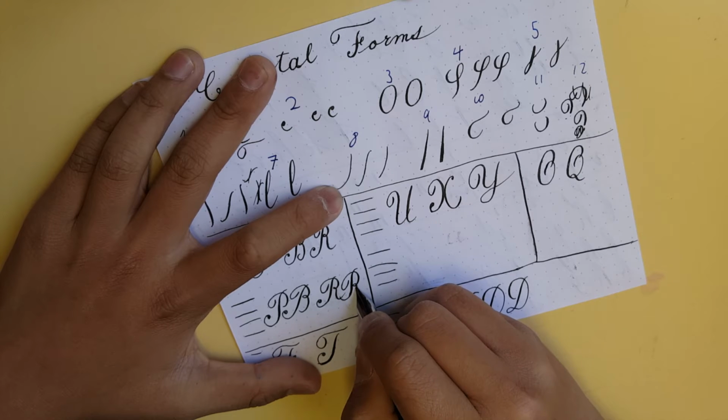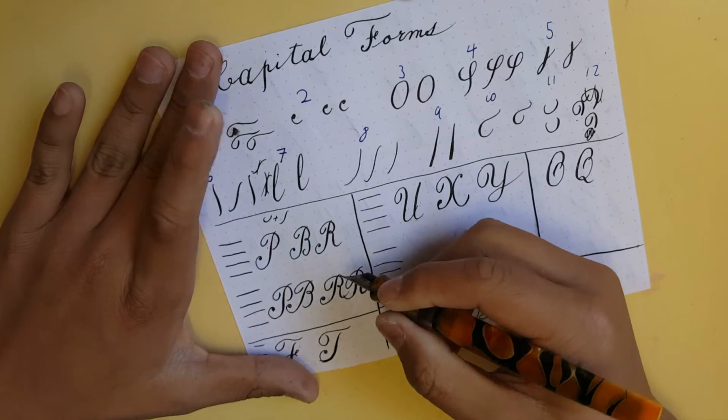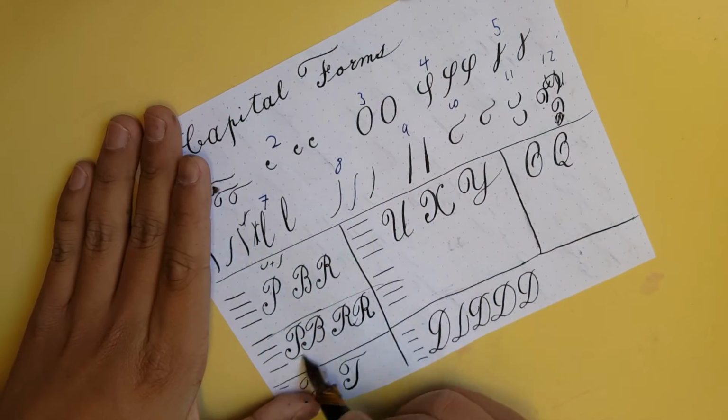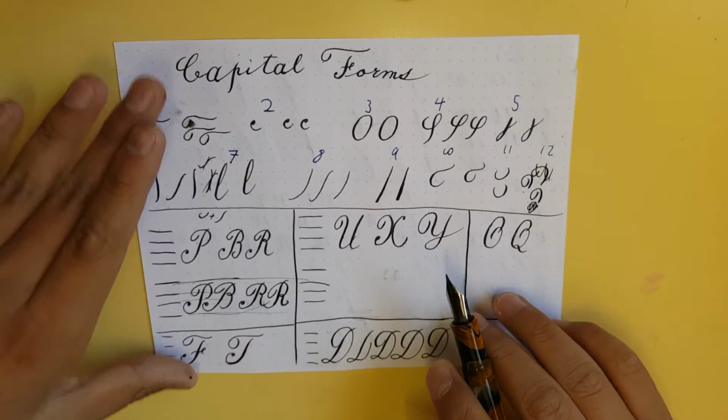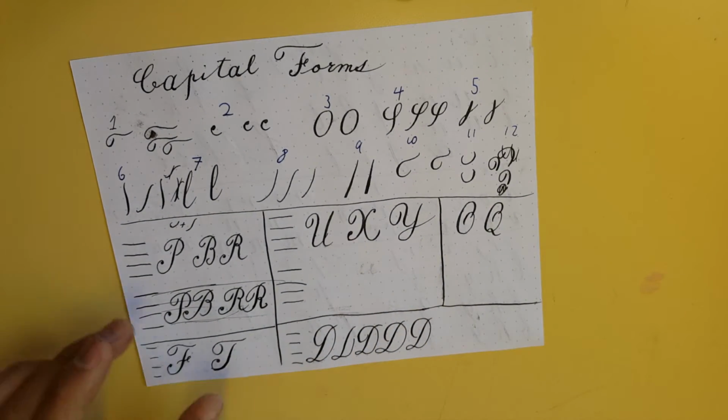Move that down, and there, make sure that they work in ovals, and just try keep them in these thirds lines there. Right. Practice these letters, the P, B, and the R, for practice each letter about 5 to 10 times.